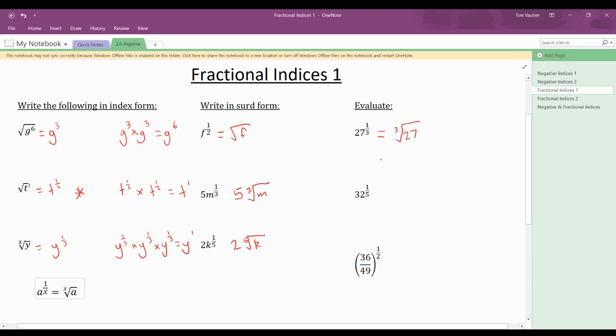And the cube root of 27 happens to be 3, because 3 times 3 times 3 multiplies to give 27. And next one, 32 to the power of 1/5. The 5 there on the bottom means that we have a 5th root of 32. And the answer is 2. 2 times 2 times 2 times 2 times 2 is 32.